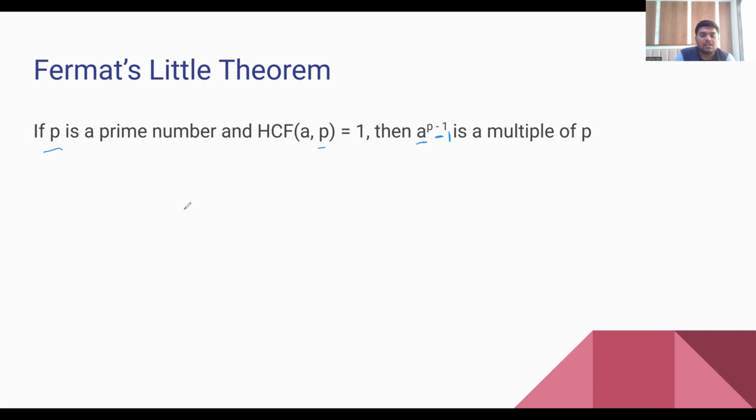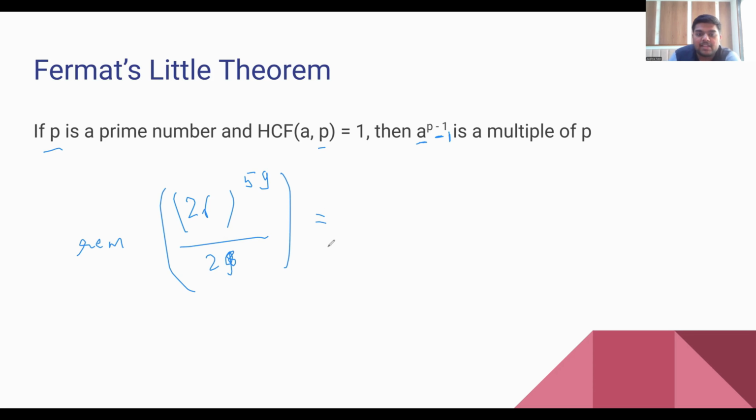So for example, 26 to the power 59 divided by 28. Okay. No, let us say it is divided by 29. And we have to find this remainder. Okay.